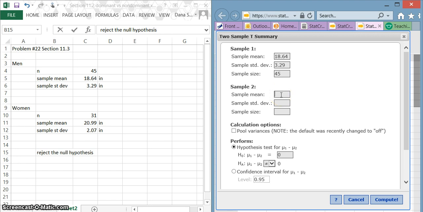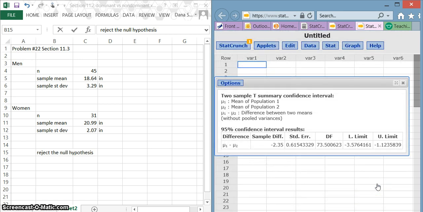Sample 2: 20.99, sample standard deviation 2.07, and the sample size of 31. This time, let's do a confidence interval with a 95% level of confidence, and then I'm going to say compute.